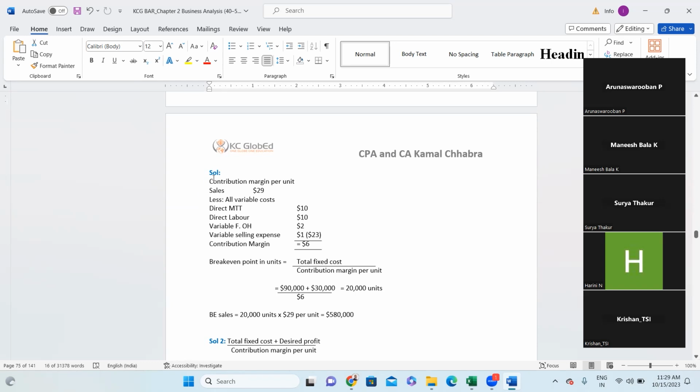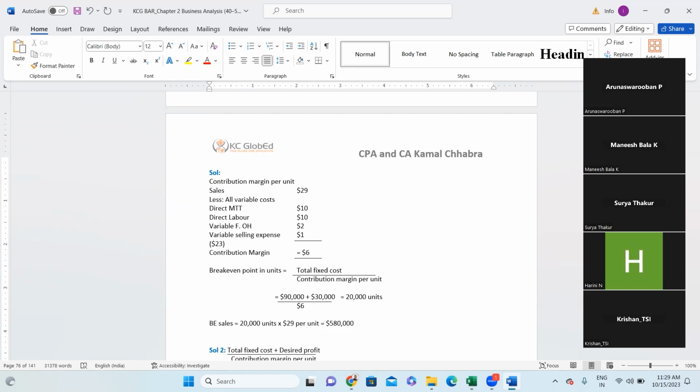So what is the solution? The first, contribution margin, right? For the contribution margin, you have sales minus all variable cost, material, labor, overhead, and selling expenses, right? So it will give you total cost. So your contribution margin is $6, right?